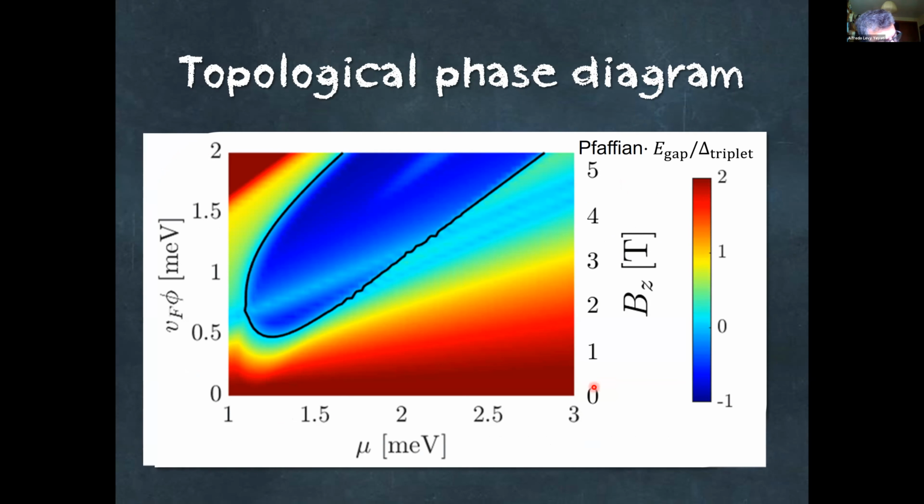So here, again, because it's very small, we need very large magnetic field, but you see that we can tune the system to a topological phase with a gap, which is not negligible compared to the triplet gap, which is induced from the TMD.